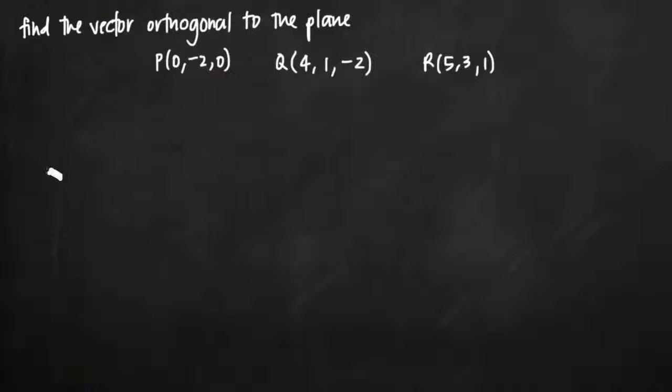If I have 3 points, a point here, which we'll call A, a point here, which we'll call B, and a point here, which we'll call point C, what I can do is define one vector. This would be the vector AB, like this. Define another vector as the vector AC, like this.